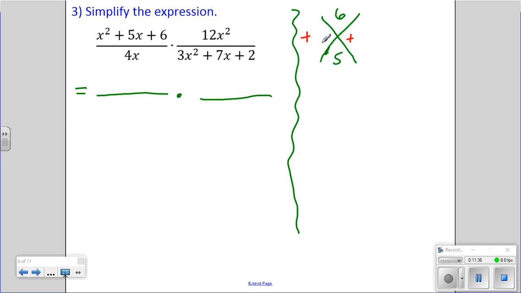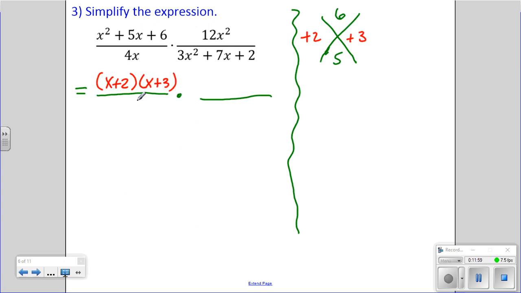So the two factors that multiply to give me 6 and add to give me 5 are both 2 and 3, which means that the factors for x squared plus 5x plus 6 are going to be x plus 2 times x plus 3.